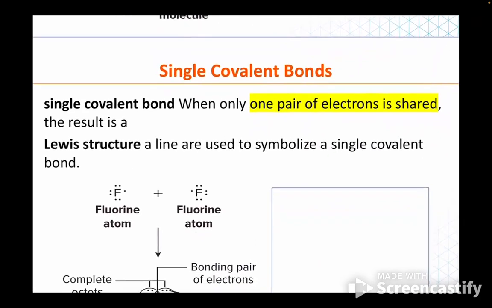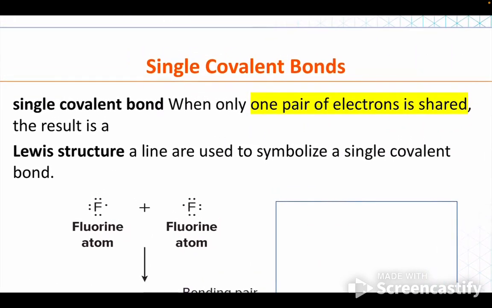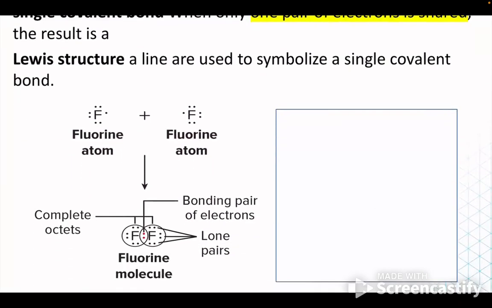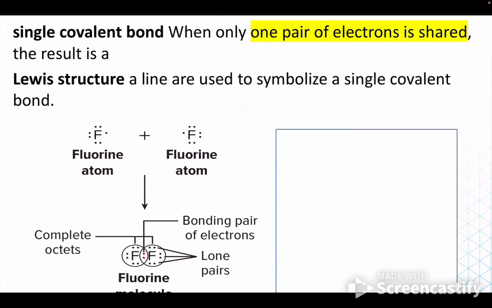So we're going to talk about single covalent bonds. This is what I showed you with that methane earlier, but it is when they're only sharing one pair of electrons. So the way that we would do it is we would show the fluorine, there's your single. So a line is the single covalent bond, and it represents 2 electrons.